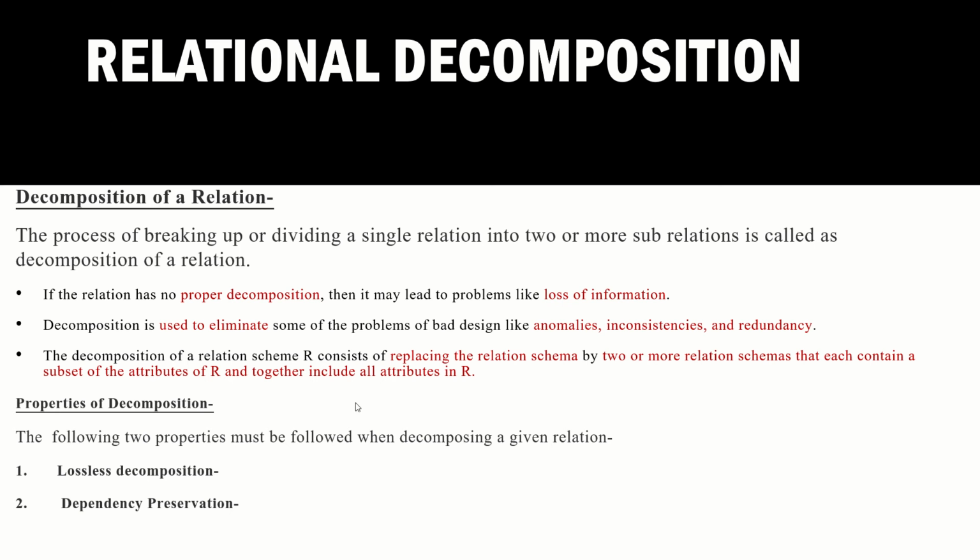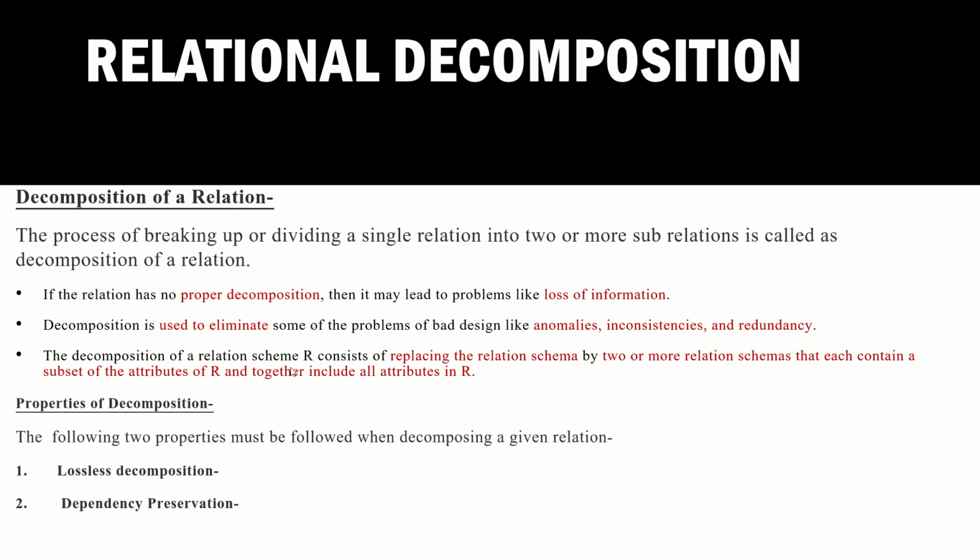So in the case of decomposition, suppose R is a relation which contains some attributes. Decomposition means dividing R into different relations or different relation schemas, each of the subtables containing a subset of attributes in R, and if we combine or join all the attributes in the different relations, we will get all the attributes in the original relation.